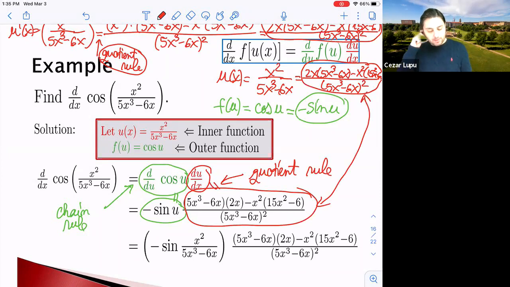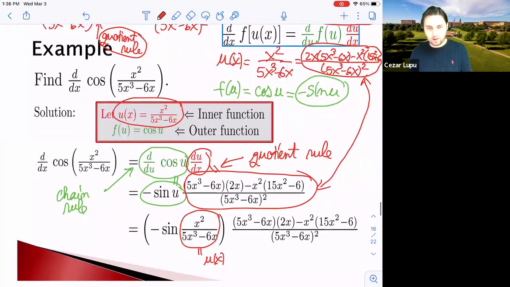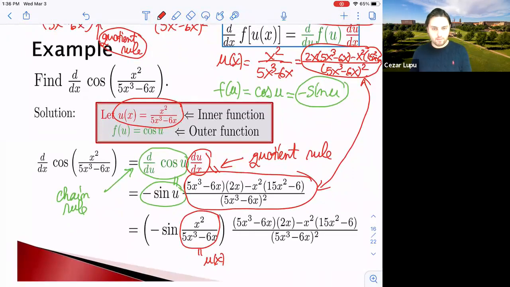And now I'm just going to replace by the function u. Do not forget who my function u is. Look at it right here. See it here? u of x. And you will see it here. And here, I will leave it to you to do the algebra. I don't want to do it. Whatever. So this is just the same thing as this. So this is u prime of x.